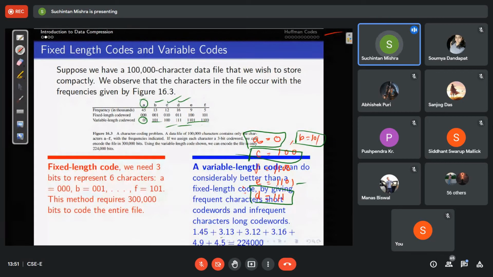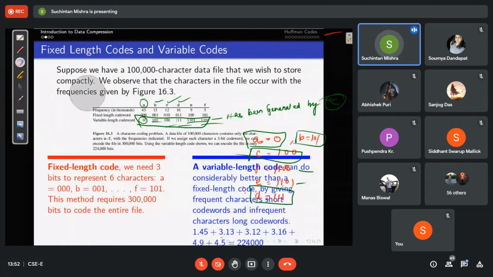F is 1100. So this third line has been generated by Huffman codes. So by using Huffman codes, you can always come up with the variable length code words if the frequency of each symbol is given to you.